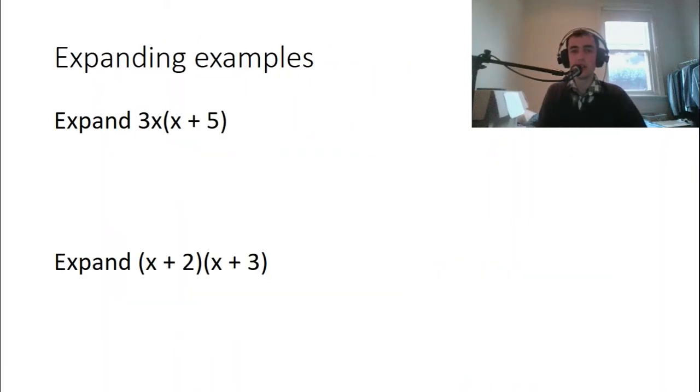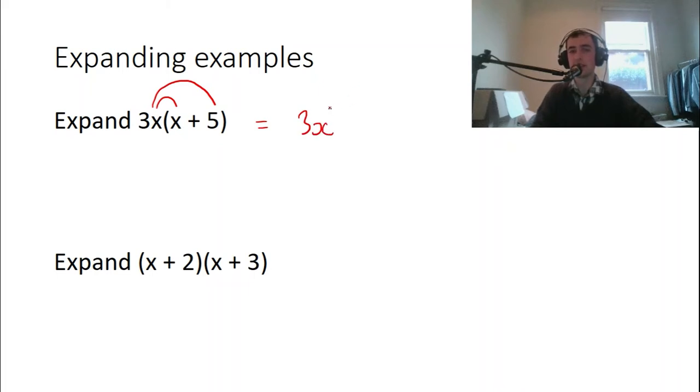Okay. Let's do some examples of expanding. Now, what I want you to do when you start off is draw a little line here to show that you're multiplying this by this. And draw another line here to show that you're planning to multiply this by this. Okay, so for the first line, 3x times x. What's x times x?